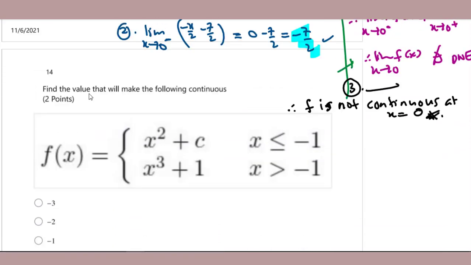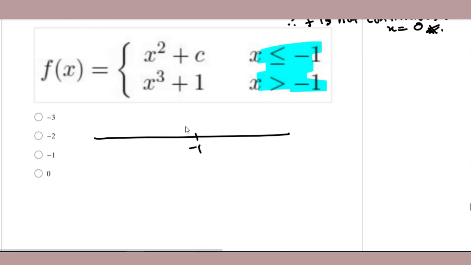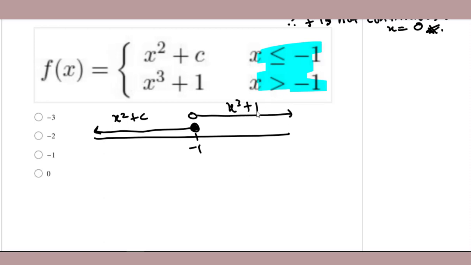Number 14, find the value that will make the following continuous. So, as usual, change piecewise to number line. So we're talking about negative 1, to the left included. The function is x squared plus c. To the right, excluded, x cubed plus 1. Then we're going to discuss negative 1 from left and from right.